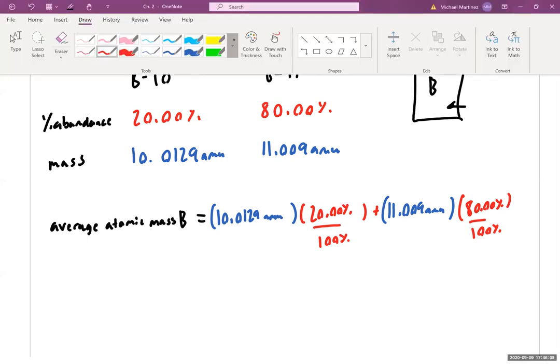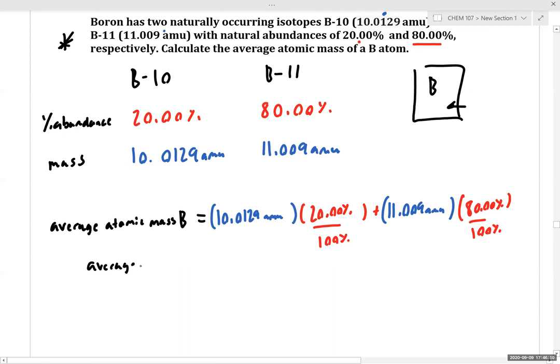That in turn would give us an average atomic mass equal to, and remember, when you're entering it into your calculator, you put each of these multiplication terms, each set in parentheses. So you'd enter exactly what symbol you see in my drawing.